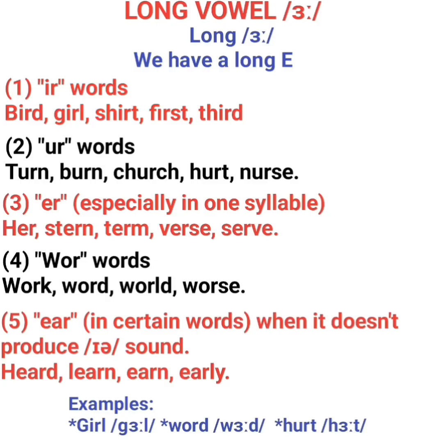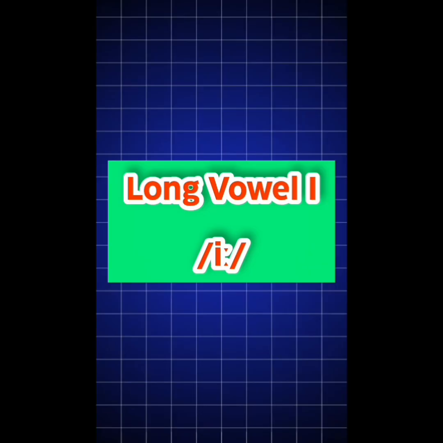Bird, girl, shirt, first, third. Have you seen that all these are long and they have IR in the middle of the words? The same thing, turn, born, church, heart, nurse, term, verse, serve, work, and so on and so forth. So whenever we have any of these, IR, UR, ER, WOR, and so on.